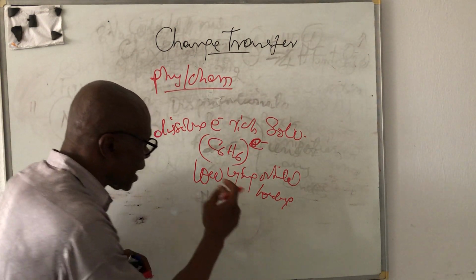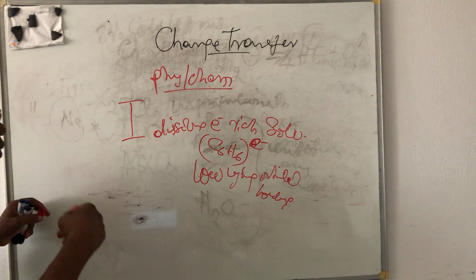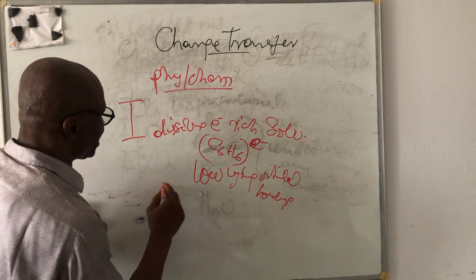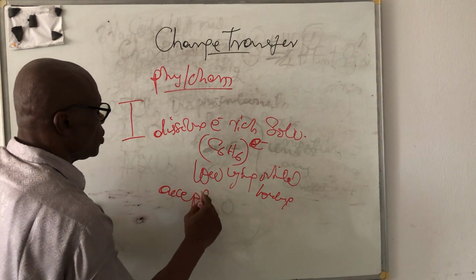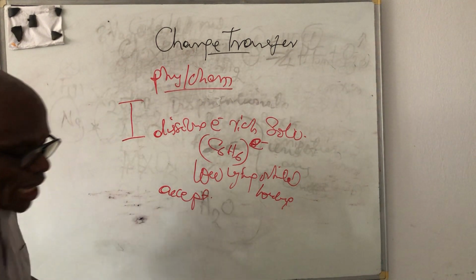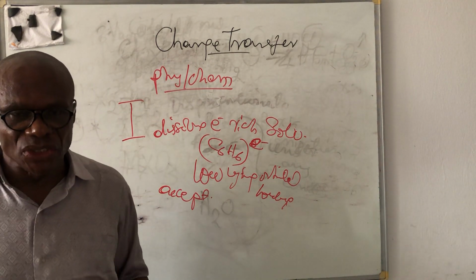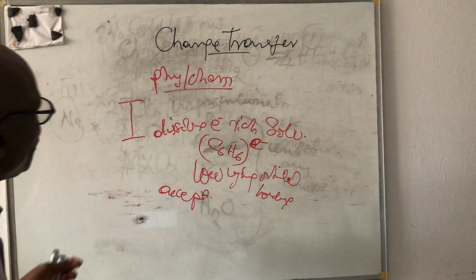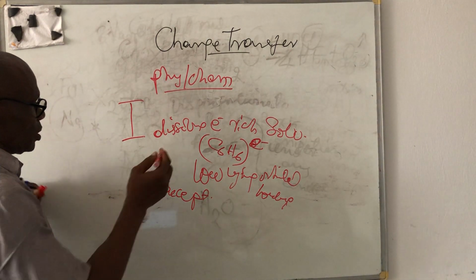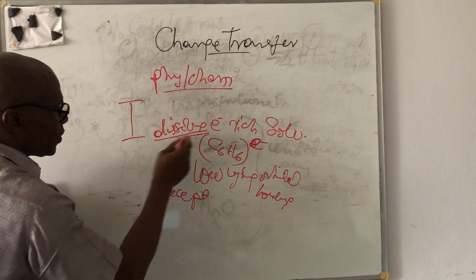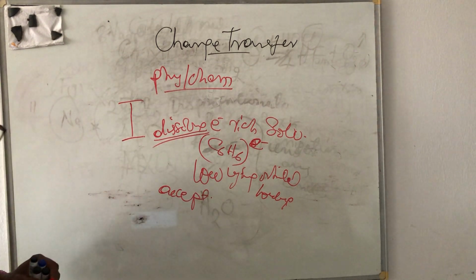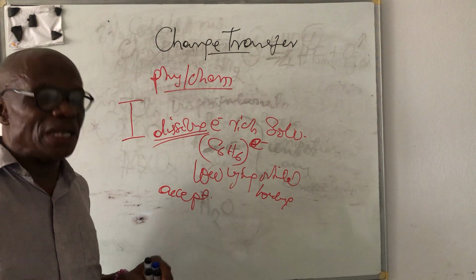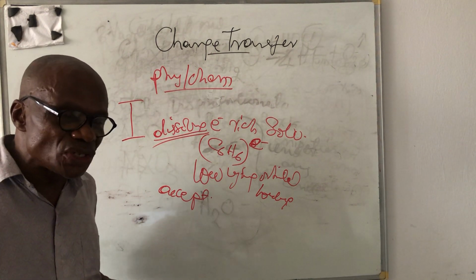When it donates electrons and the halogen accepts, you will experience a color change. This dissolution is a physical phenomenon, but when it takes place, there shall be a change in color.